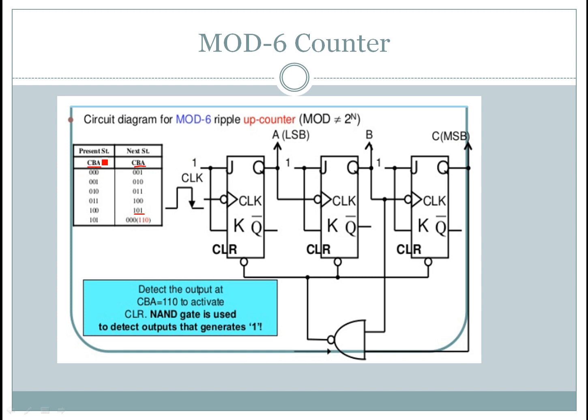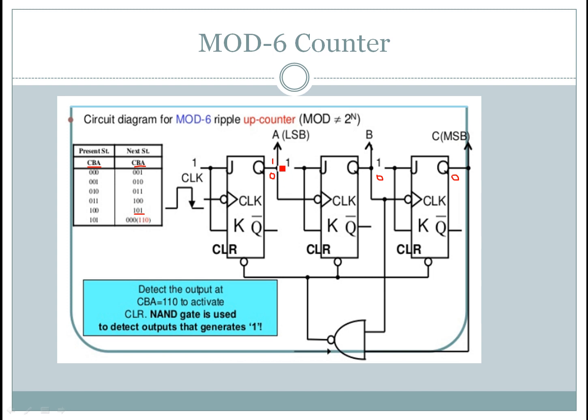And here this is the present state and this is the next state. Present state is nothing but, for example, the initial state value 0 0 0. Whenever the first flip-flop receives the negative edge of the clock, the next state is 0 0 1. That is, the first flip-flop changes its output from 0 to 1.